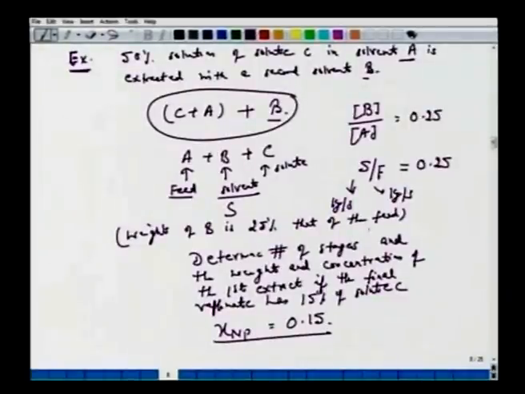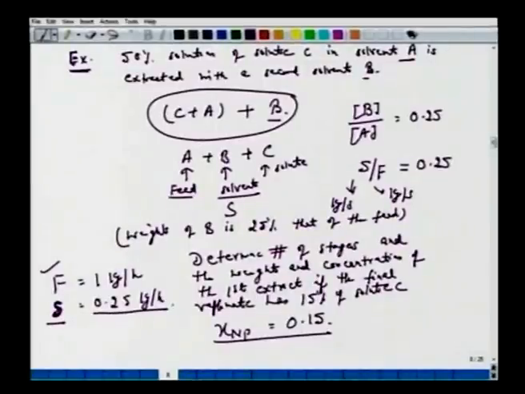Alright, here notice that the amount of solvent S is not given, nor the amount of feed, but the ratio is given. All it means is, if you choose the feed as 1 kg per hour as a basis, S is 0.25 kg per hour. So although the ratio was given, we can always choose a basis of feed of 1 kg per hour to obtain the amount of solvent, which is 0.25 kg per hour.